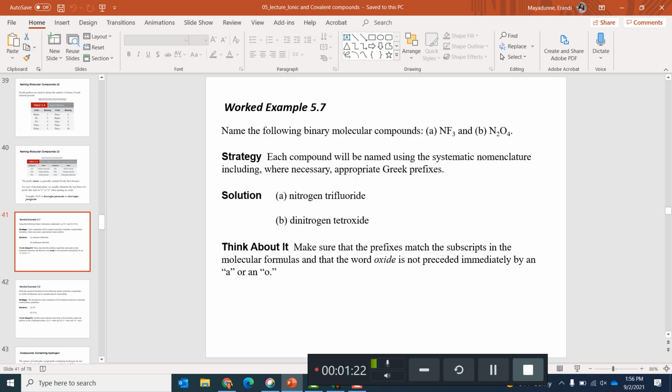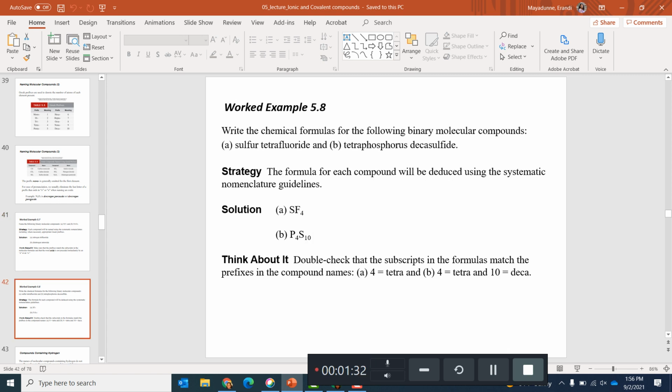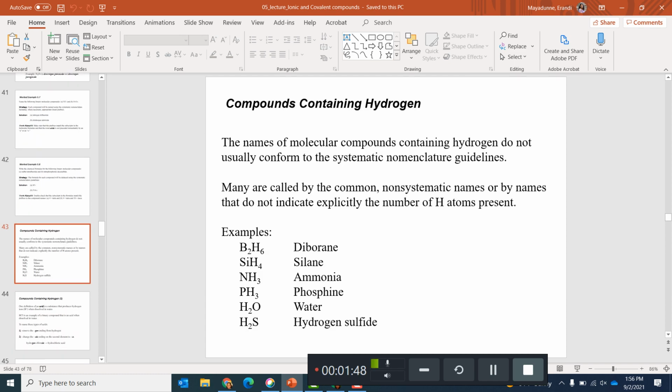So name the following binary molecular compounds: nitrogen trifluoride, dinitrogen tetroxide. Sulfur tetrafluoride, SF4, tetraphosphorus decasulfide, P4S10.